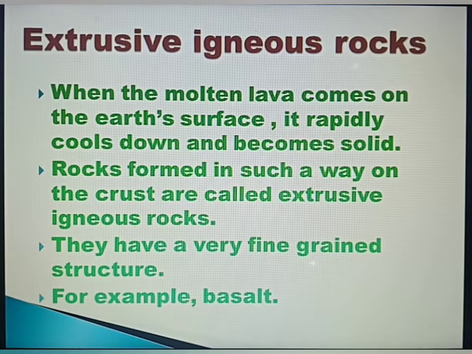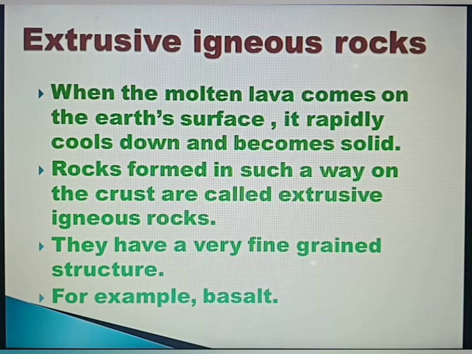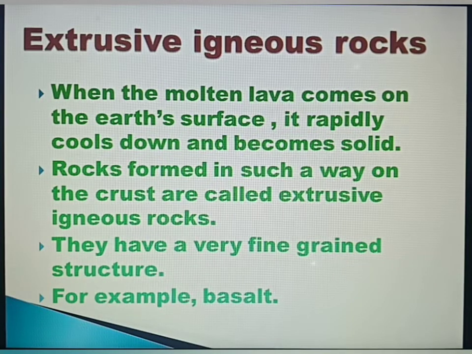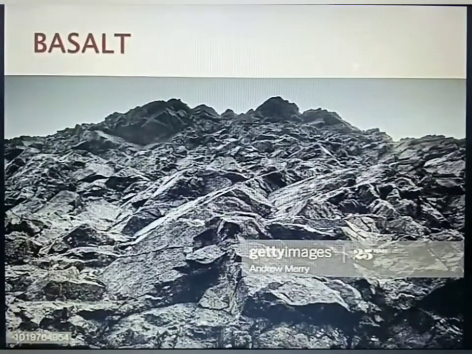When this molten lava comes on the earth's surface, it rapidly cools down and becomes solid. Rocks formed in such a way on the crust are called extrusive igneous rocks. They have a very fine grained structure, for example, basalt. The Deccan Plateau is made up of basalt rocks.